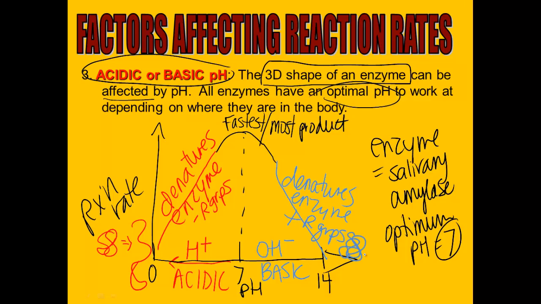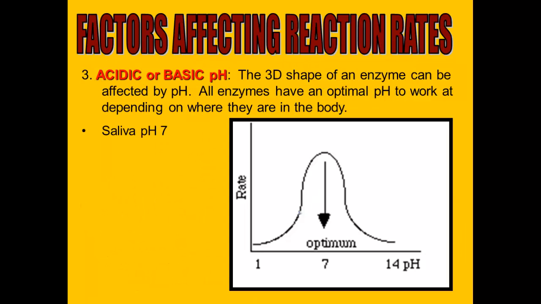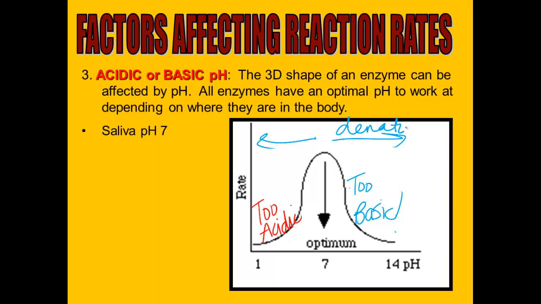And again, that nice three-dimensional shape is going to unwind and will be completely denatured, not able to do its job anymore. So this is what that graph will look like. Sloping hill on either side. It's too acidic on the left side, so it denatures. It's too basic on the right side, but denatures as well. And slightly above or below optimum is the only time that this particular enzyme is going to be able to do its job and make some products.